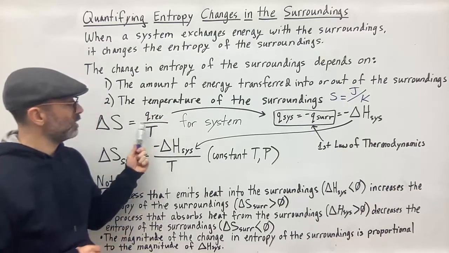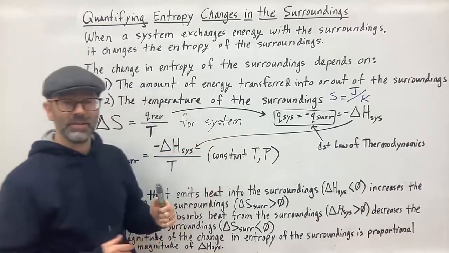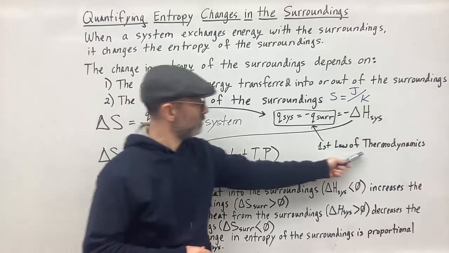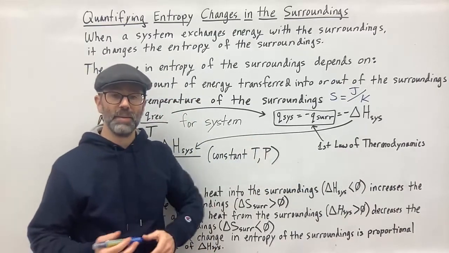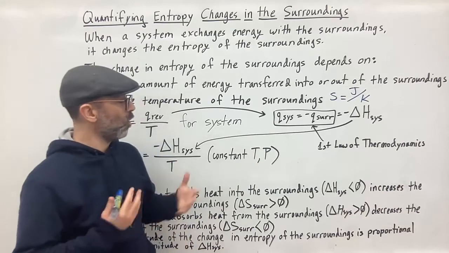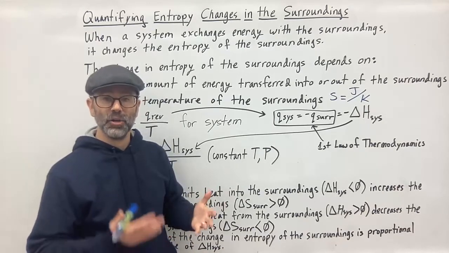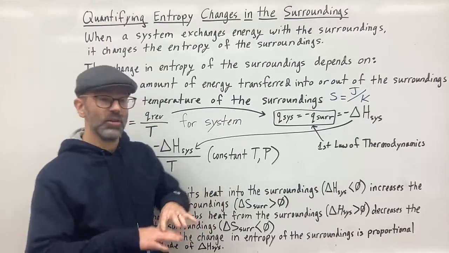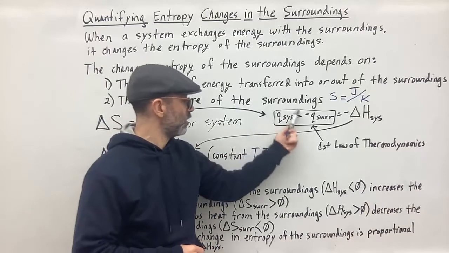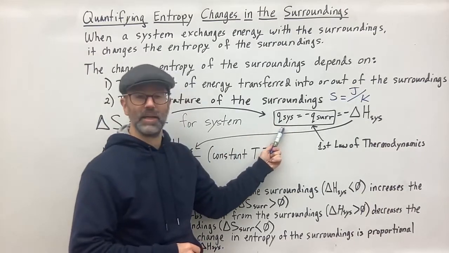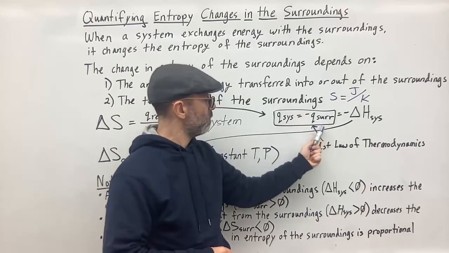When we're thinking in terms of the surroundings, we have to keep in mind the first law of thermodynamics. The first law says that no energy is lost or created during any process, so the energy of the universe is constant. That means any energy lost or gained by the system is in turn gained or lost by the surroundings.